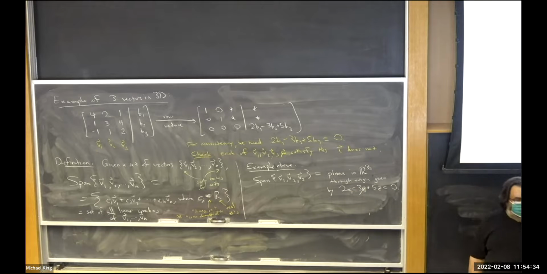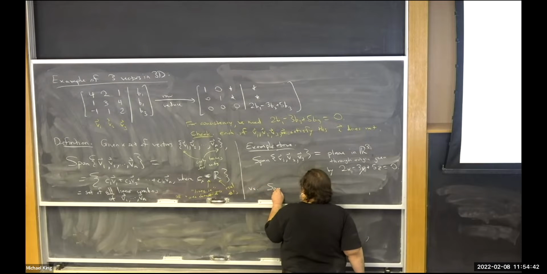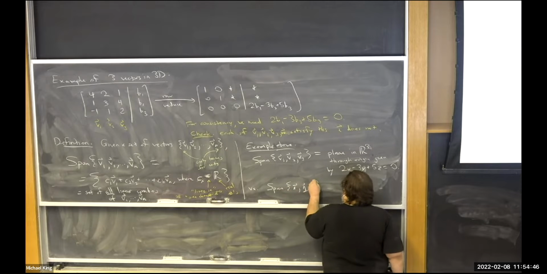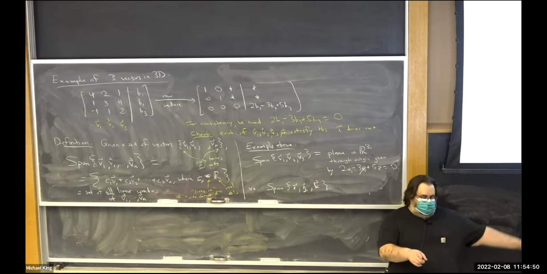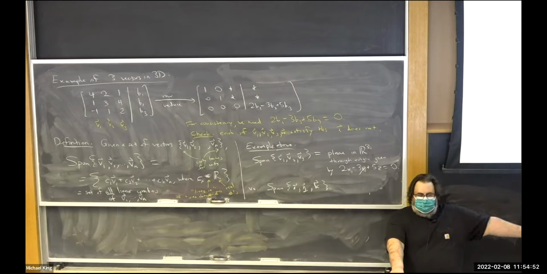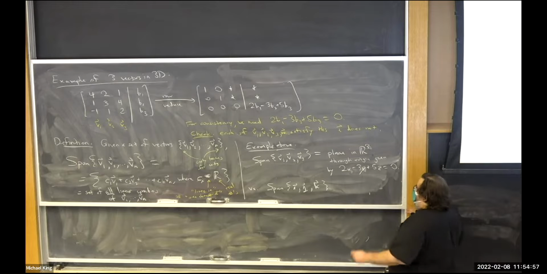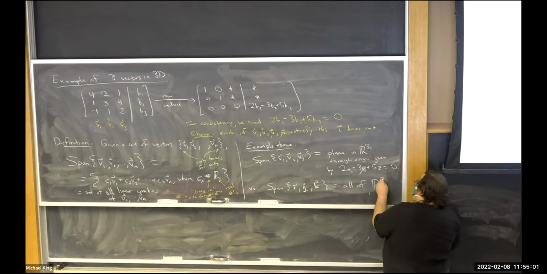So the span of those two vectors is just a plane, right? Versus something like the following: if you took the span of i, j, and k, all possible linear combinations of i, j, and k, you're definitely going to get all of three-dimensional space, all of R3.